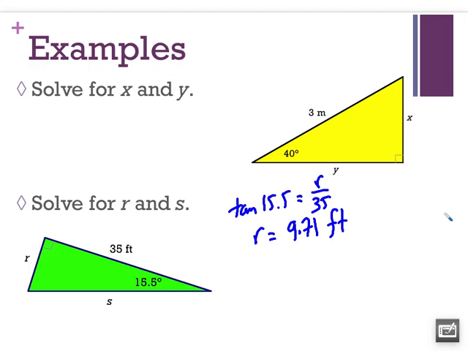Cosine. Okay, which would give us what? Cosine of 15.5 is equal to? S over 35 or 35 over S? 35 over S. Good.